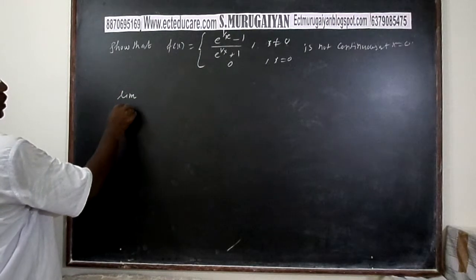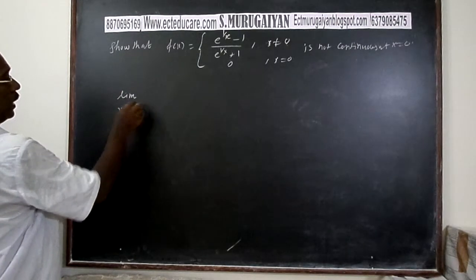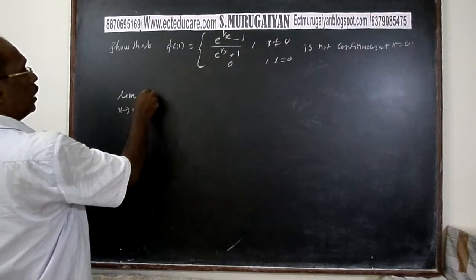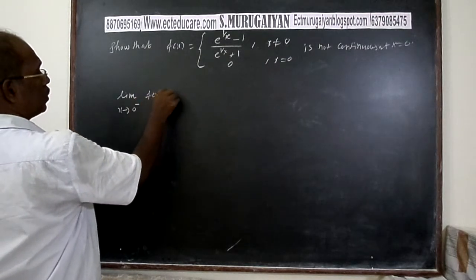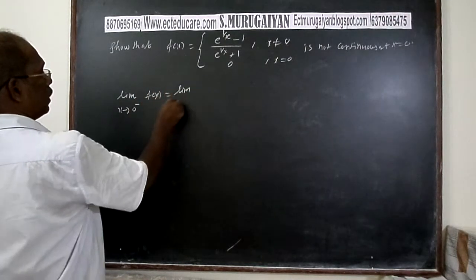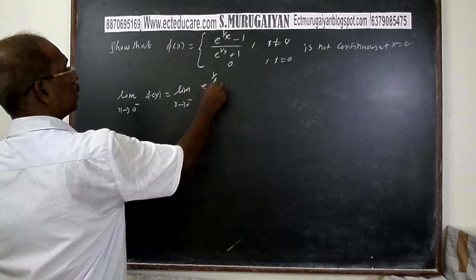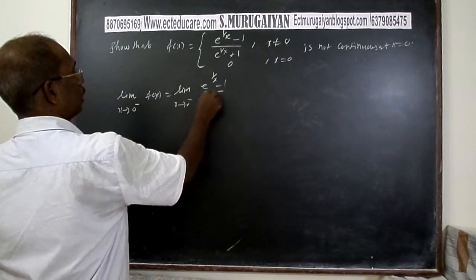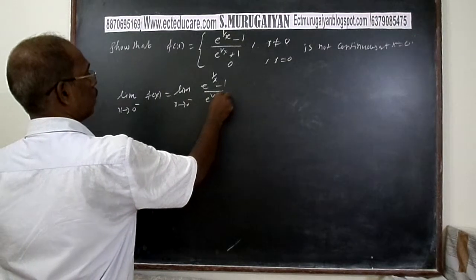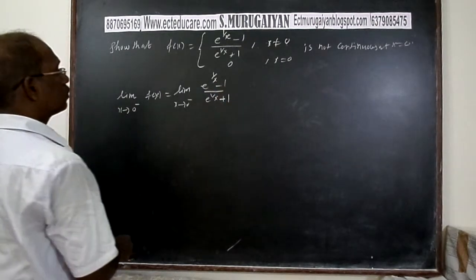Limit x approaches 0 minus f of x is equal to limit x approaches 0 minus (e power 1 by x minus 1) by (e power 1 by x plus 1).